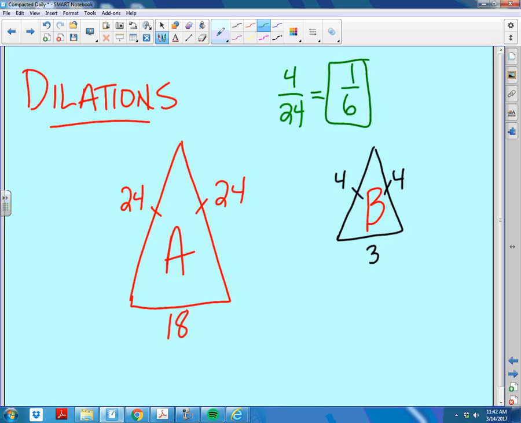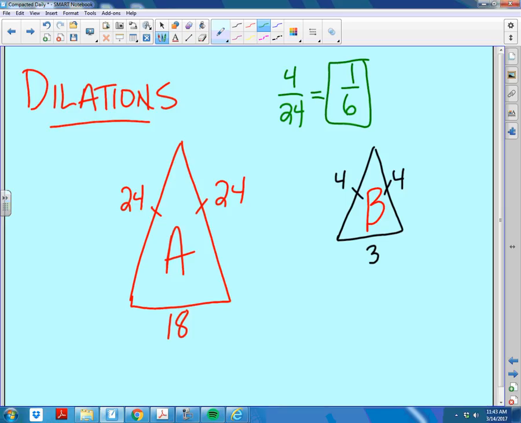That is your scale factor. Because your scale factor is using only multiplication. Some kids will go, well, the scale factor is divided by 6. No, it's not. Because there's no such thing as a scale factor that uses division. Scale factors only use multiplication. So you take the second number, divide it by the first number, and simplify it as a fraction.